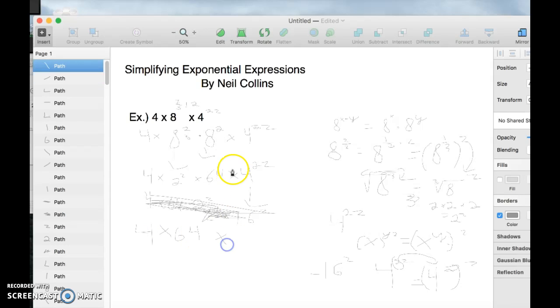Now we're taking that 2 to the z power times 16 to the z. So, as we learned earlier, these two share the same exponent.